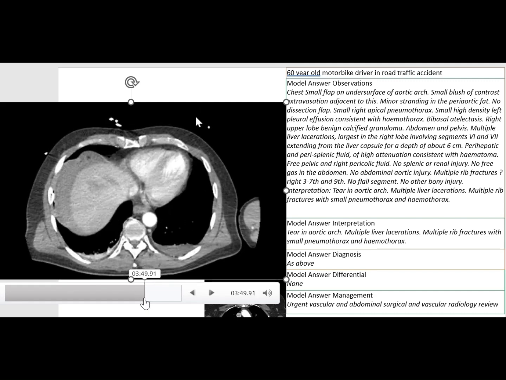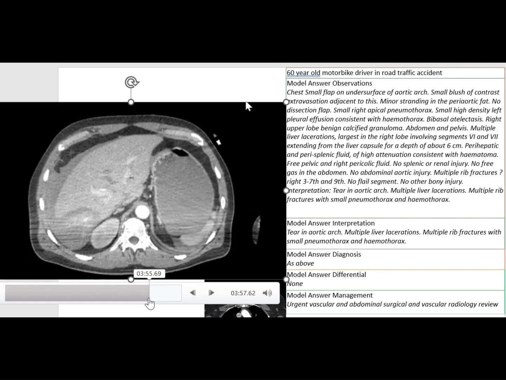And if you go down, you will see another hepatic laceration extending from the capsule to a depth of about 5 to 6 centimeters.